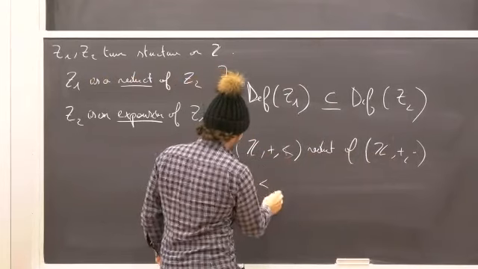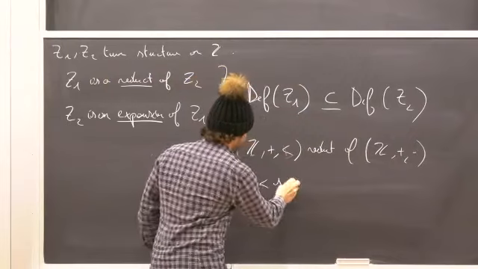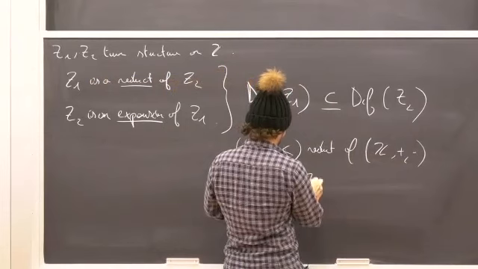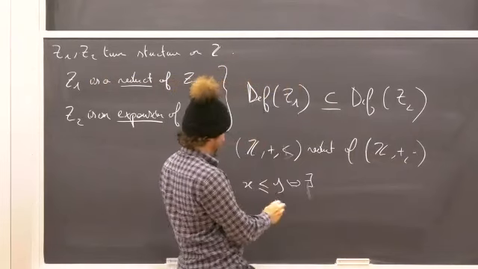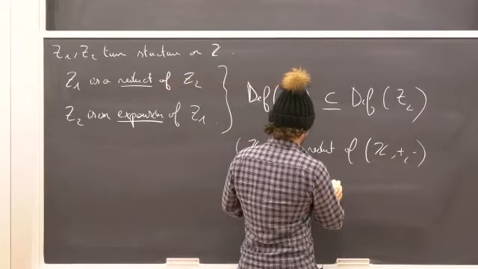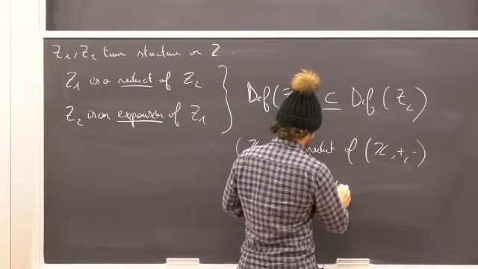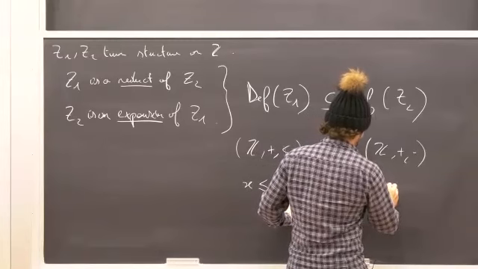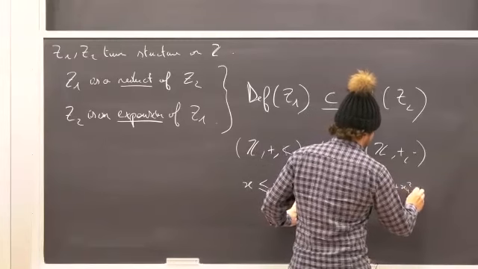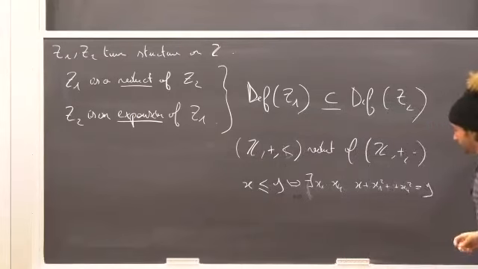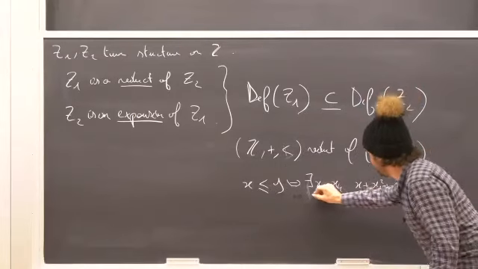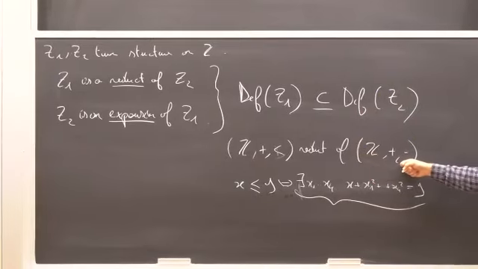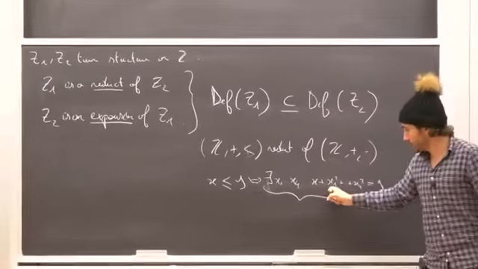What I'm claiming is that x is less than y is equivalent to: there exists x1 to x4 such that x plus x1 squared plus x2 squared plus x3 squared plus x4 squared equals y. This is indeed a formula in this structure, because I can multiply a variable by itself.